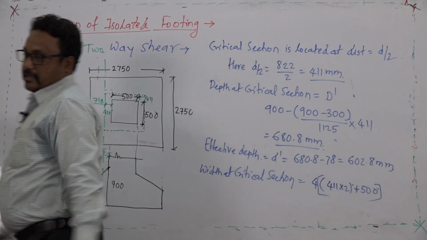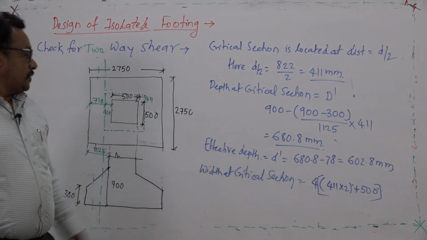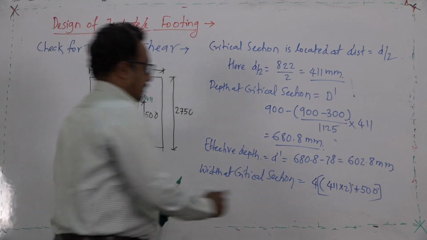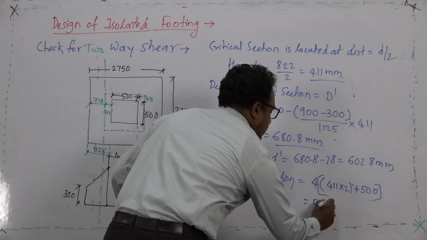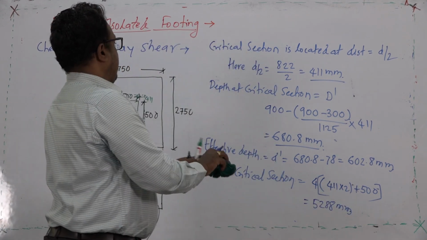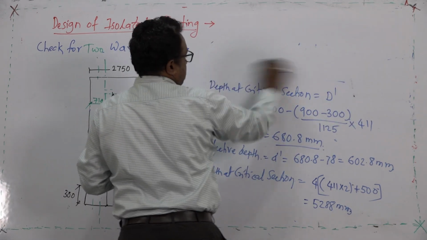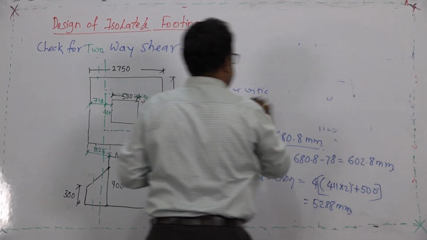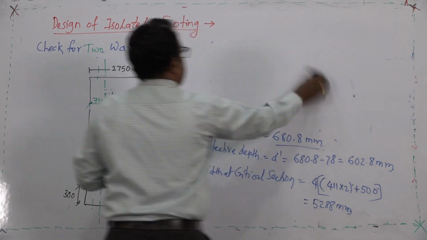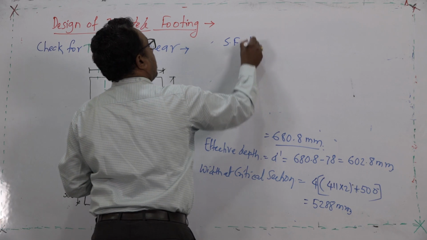This will be the width of the critical section. The entire perimeter you are supposed to consider. So, what will be the value? 5288 mm. So, this will become 5288 millimeter. In the same way, we will estimate the shear force at this critical section.